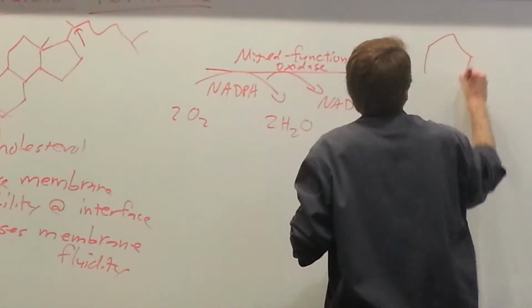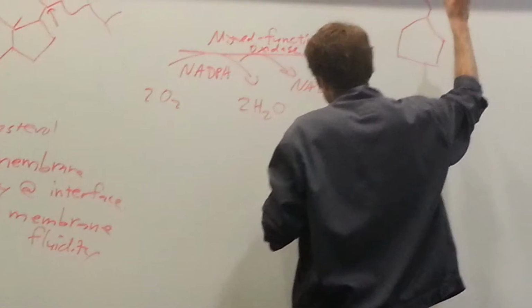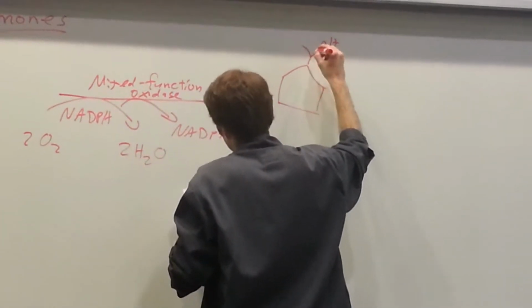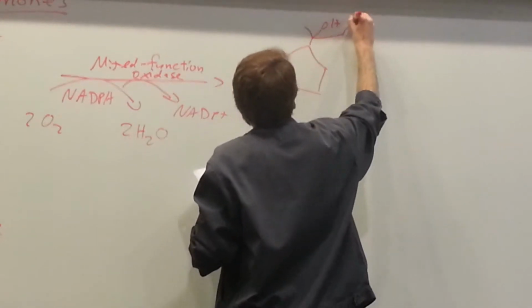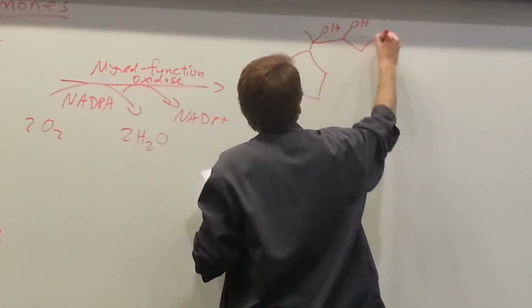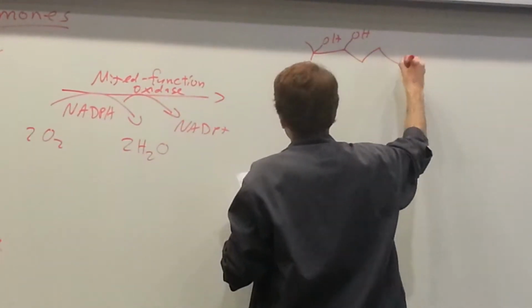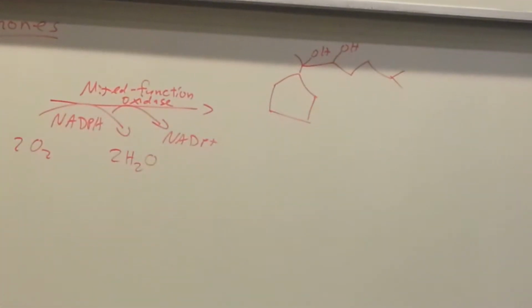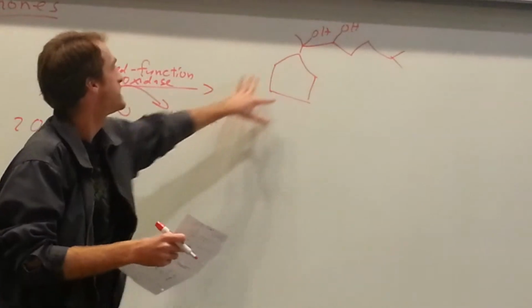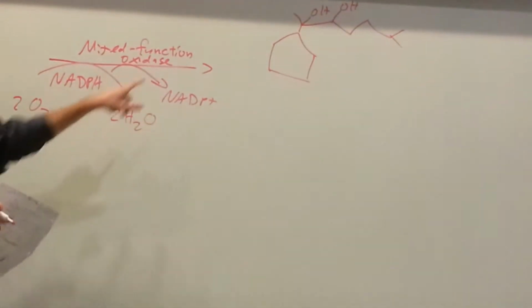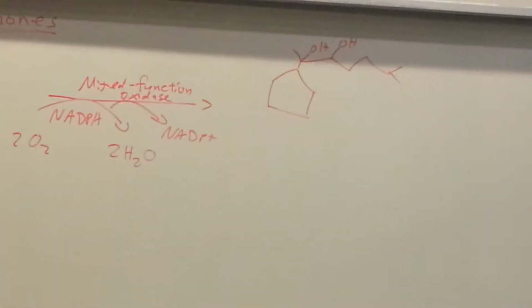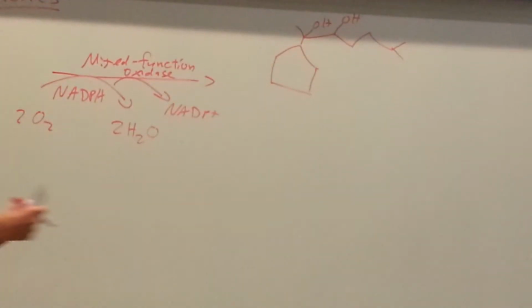Save my arms some work. And the rest of the cholesterol is down here. So we've oxidized these 2 carbons right there, and that sets us up to do a cleavage event.